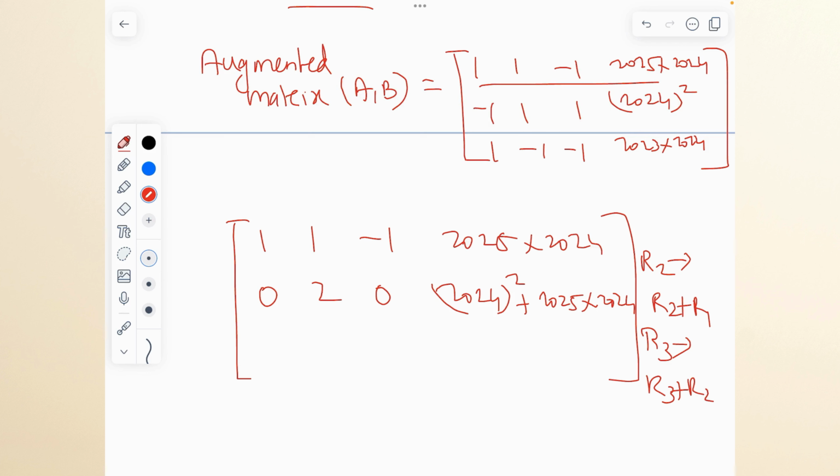Adding both, you get 1, minus 1, 0 again, and again here fully 0, then 2023 into 2024 plus 2024 the whole square.